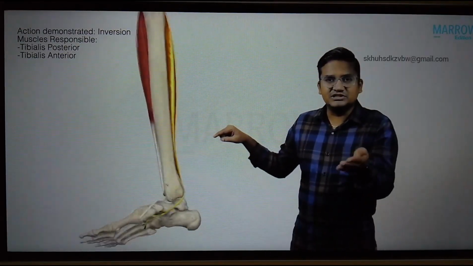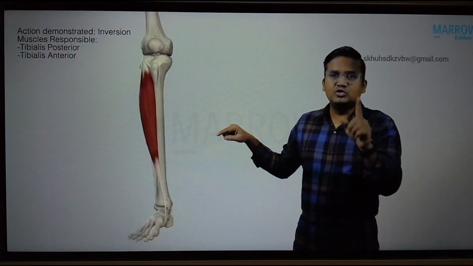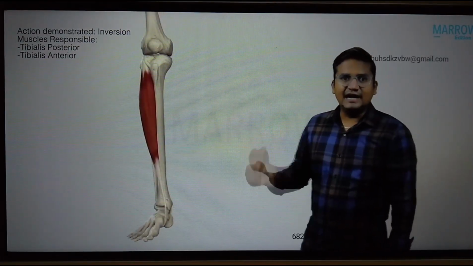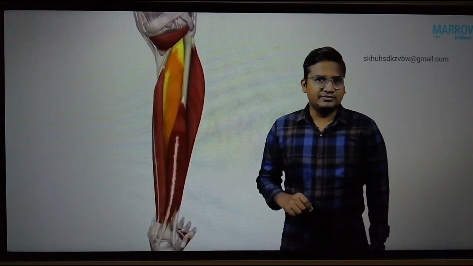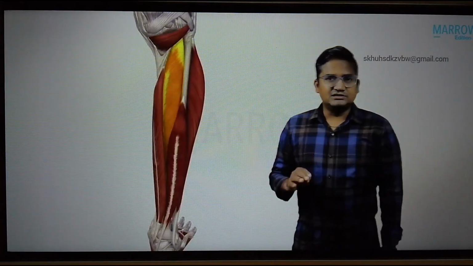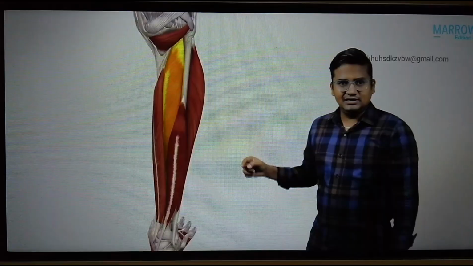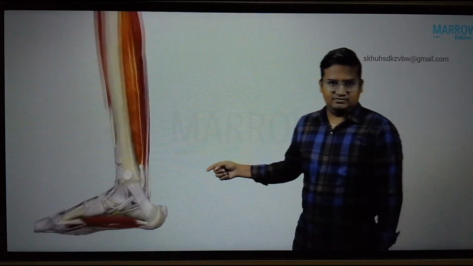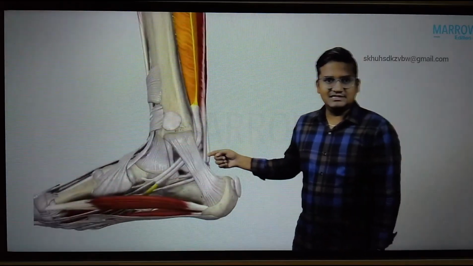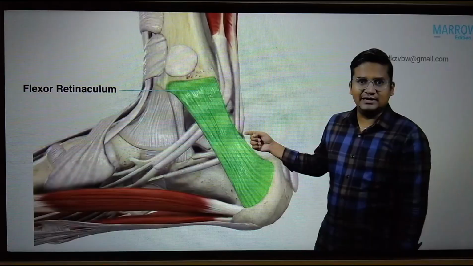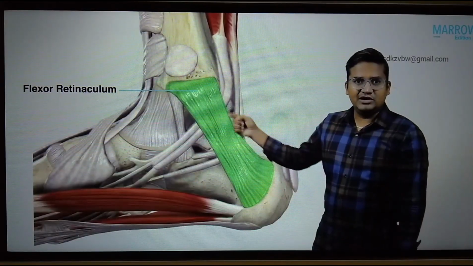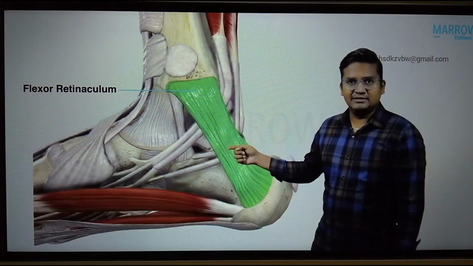That is the inversion. So inversion is done by two muscles, tibialis anterior and tibialis posterior. Okay, right. Now these tendons pass below one band. See the band here, that is our flexor retinaculum. Now the tendons are passing below this band.